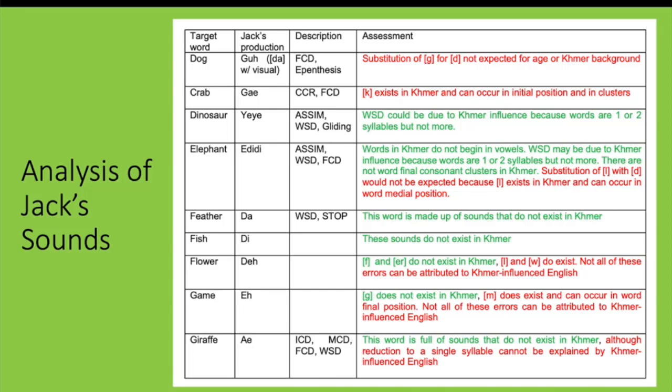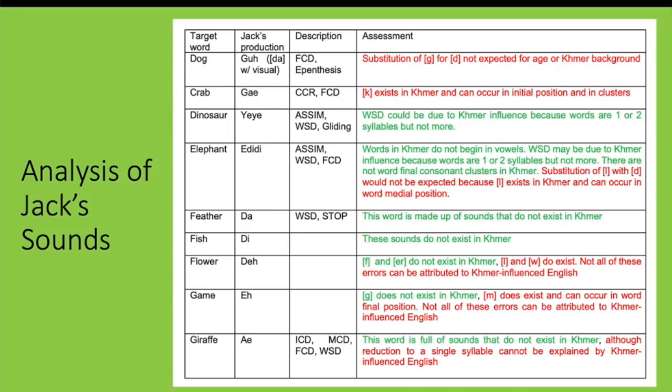So the first word is dog. He says ga. We would not expect a substitution of ga for da in Khmer, so we put that one in red. The next word is crab. Ka exists in Khmer. You can have a KR cluster. It can occur in initial position. So there's nothing about that word that makes me say, oh, that's okay, right? That's not an error that we would expect.